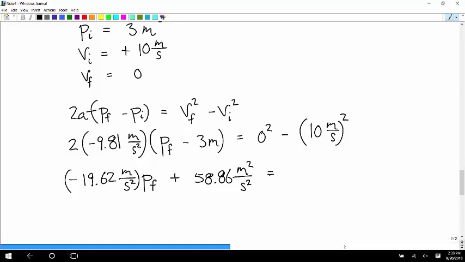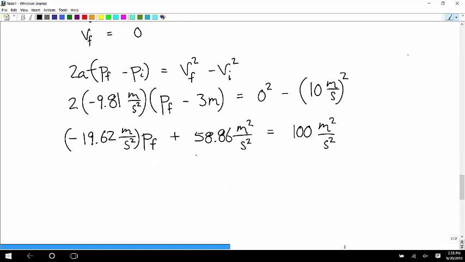And that's equal to, so you're going to square everything in the parentheses. So that's 100 meters squared per second squared. And now you can subtract 58.86 meters squared per second squared from both sides.